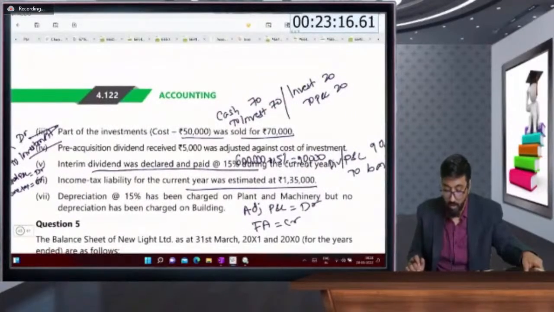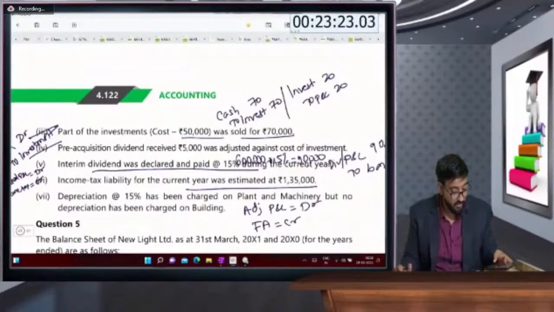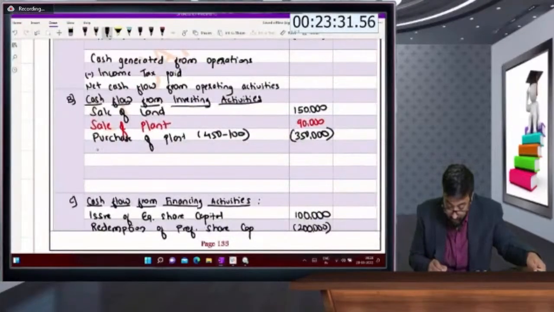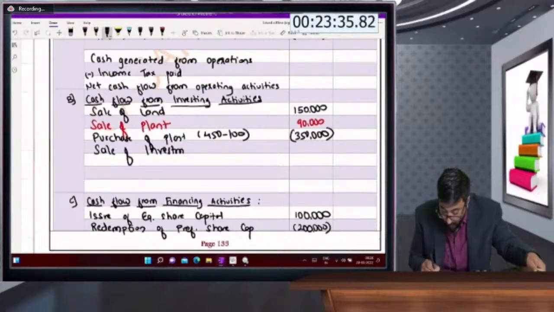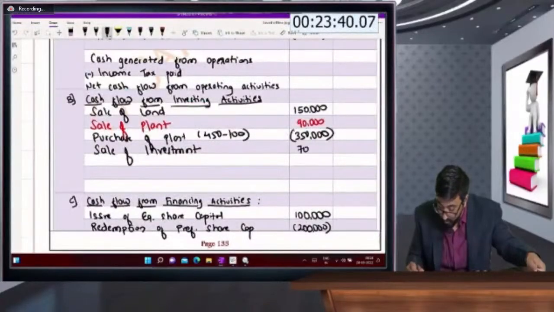Investment sold for 70,000. So what is the entry? Cash account debit to investment. So where will the cash account go? Investing activity. So investing activity, sale of investment, inflow 70,000.